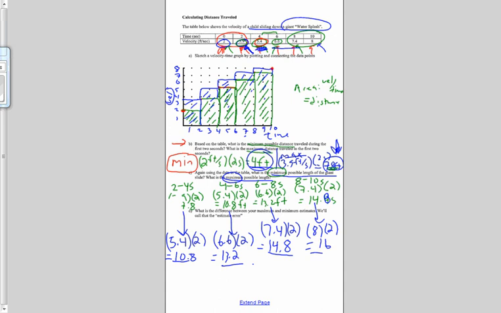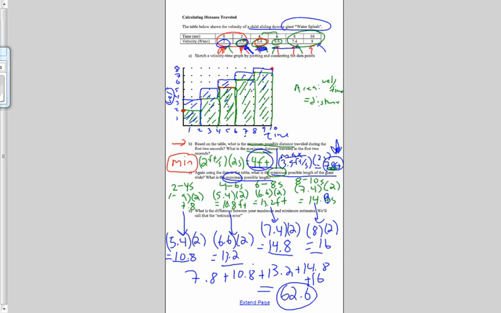So we're going to get 7.8 plus 10.8 plus 13.2 plus 14.8 plus 16. And when we do that arithmetic, we'll get our maximum approximation. So we find that our maximum approximation is 62.6. And again, that's the maximum approximation for the length of our slide.